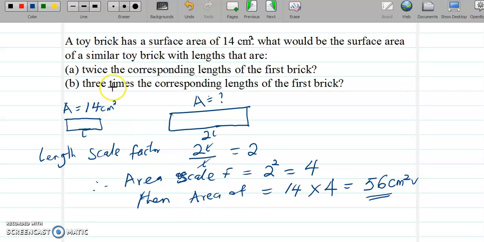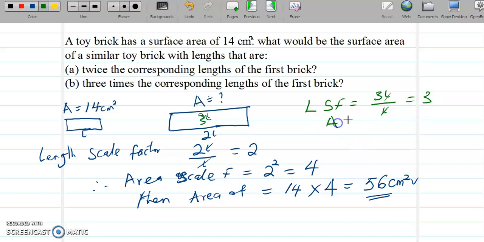Now if it is 3 times the corresponding length of the first brick, if this is L, this one will be 3L. That means the length scale factor will give us 3L divided by L, which is 3.